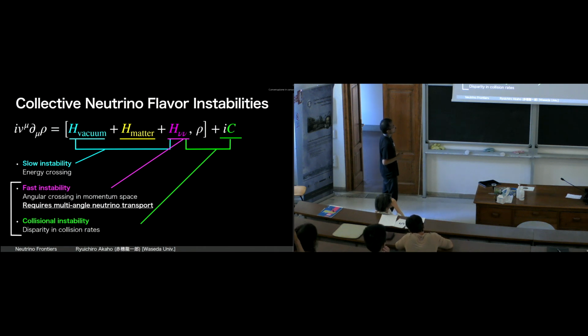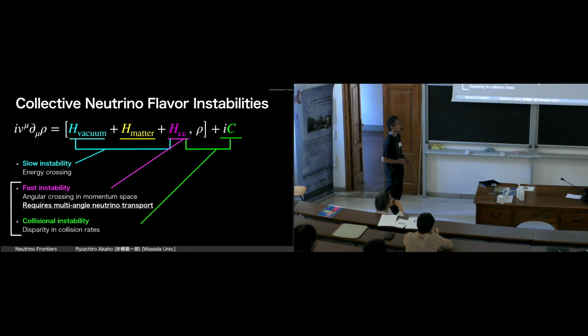Maybe the slow instability may also be important, but I only consider these two here. The fast instability is caused by the neutrino self-interaction term, and it is caused by the angular crossing in momentum space.